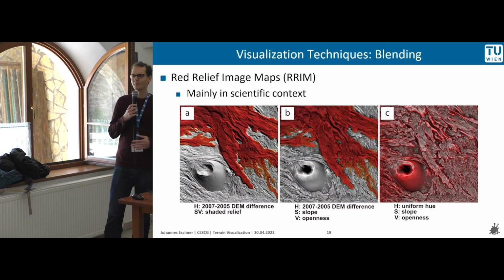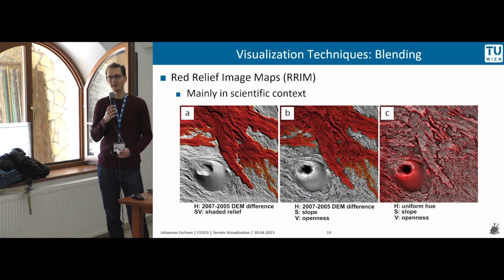And finally, what's also been done in a scientific setting, not so much in the publicly published maps, is, for example, encoding overlays in different parts of the color information, so that actually it's the hue and the saturation, or also the lightness, the value, that encode different parts of the information in the map.